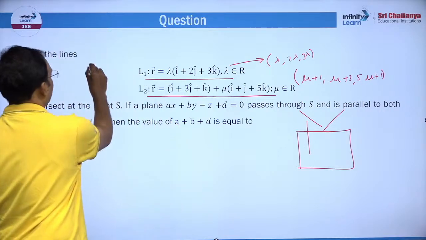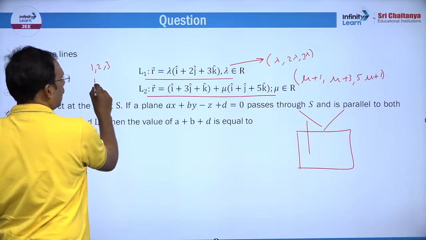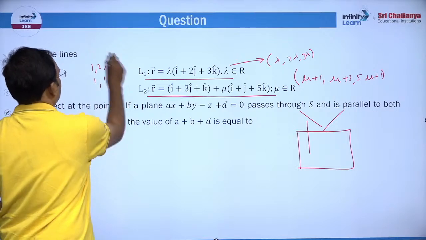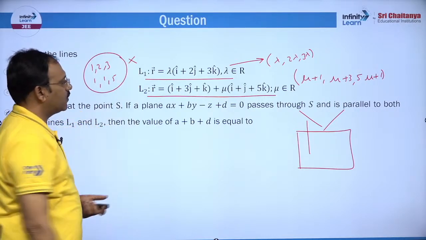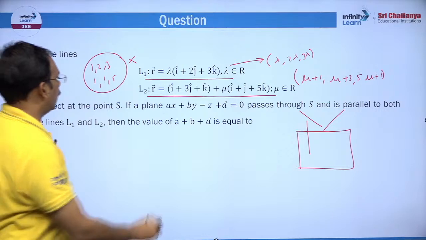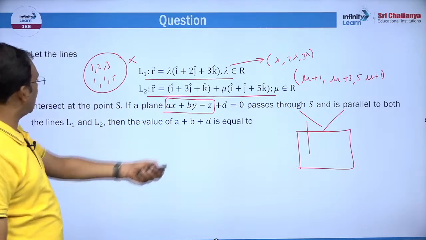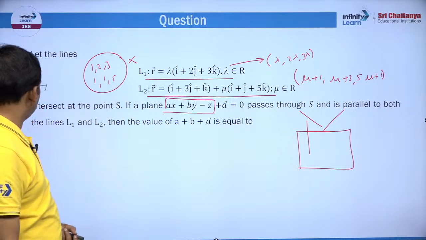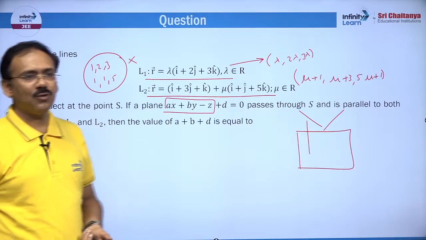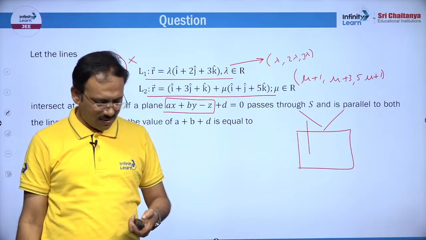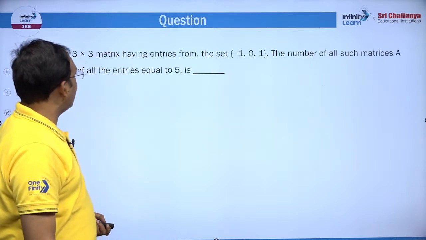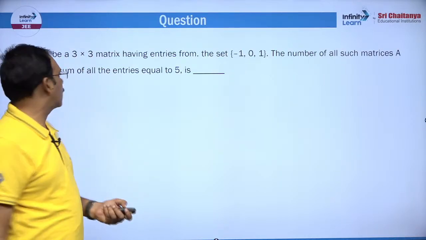So the DRs of the first line are 1 2 3, here 1 1 5. Take their cross product, you will get the normal DRs, A, B, C. This part you can write, and it passes through that point. Yes, you already found it, so you can substitute so that you will get the answer, right, dear students? Fine. So this is also a standard question.